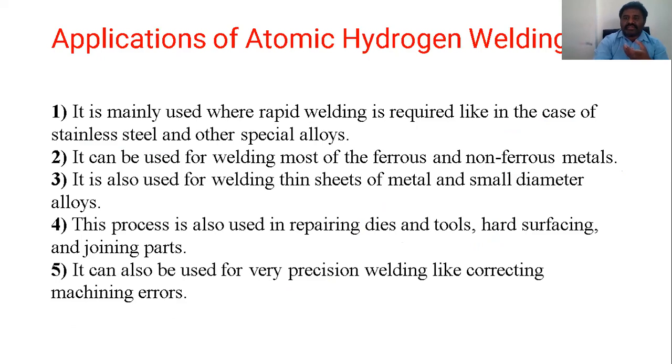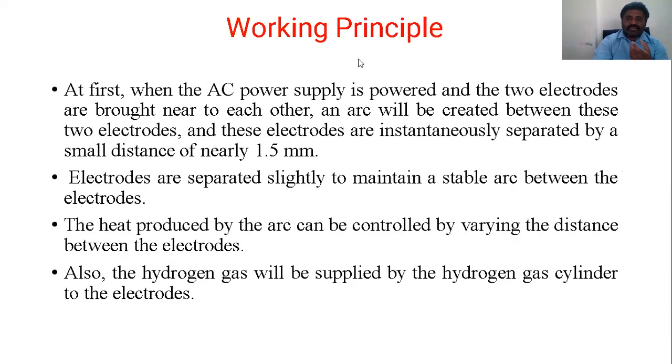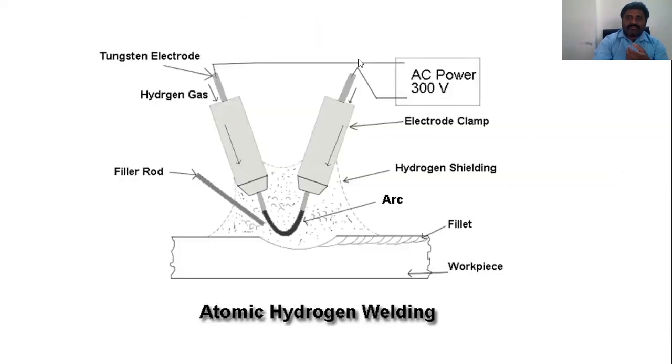Now, just for recollection, using this diagram, a very basic point: we are using two tungsten electrodes here, and the arc is struck.